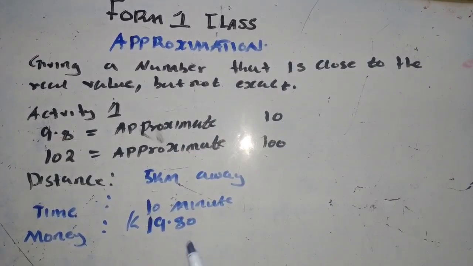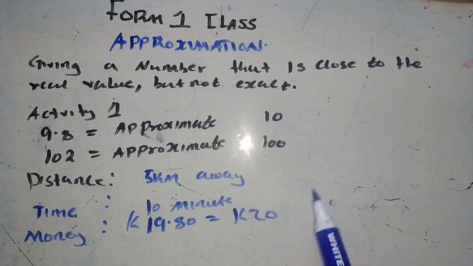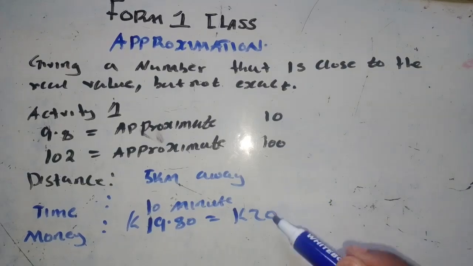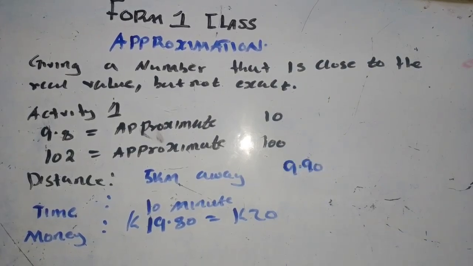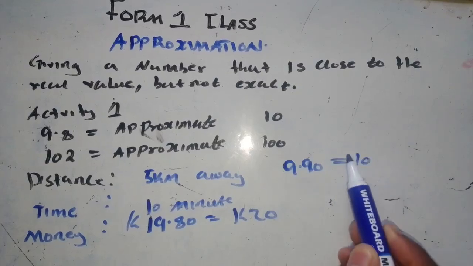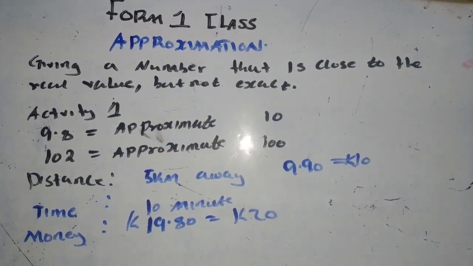So this can be approximated to 20 kwacha. This is common in ShopRite, where you find maybe a good worth 10 kwacha or 9 kwacha point 90 ngwe. So this is 10 kwacha. Just know that this is 10 kwacha. I'm sure you have experienced that before.